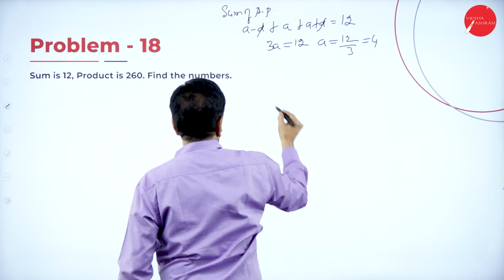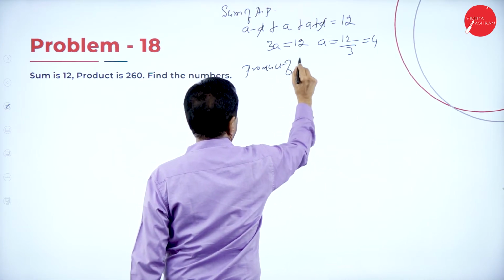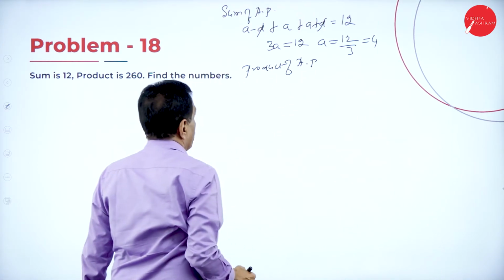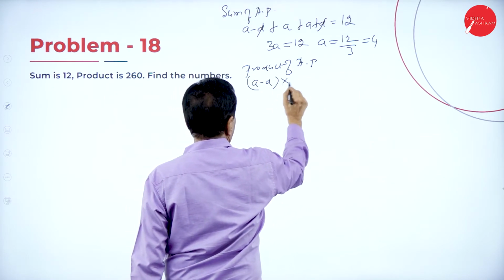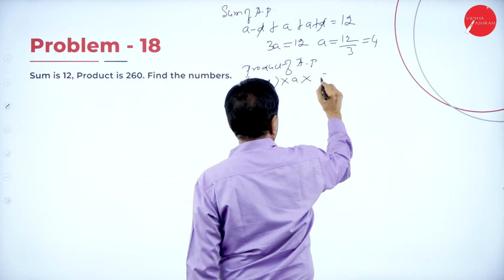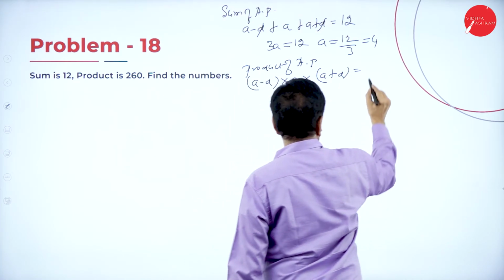Then product. Product of AP, A minus D into A plus D is equal to 260.